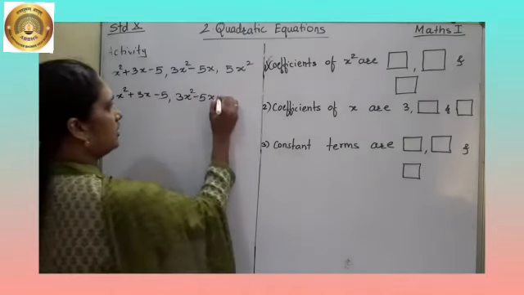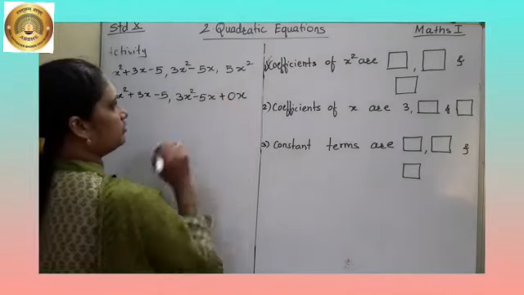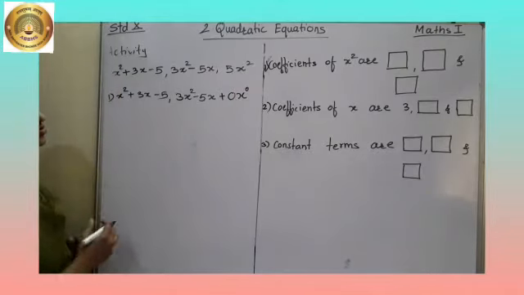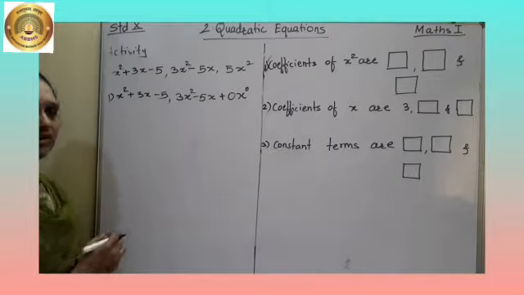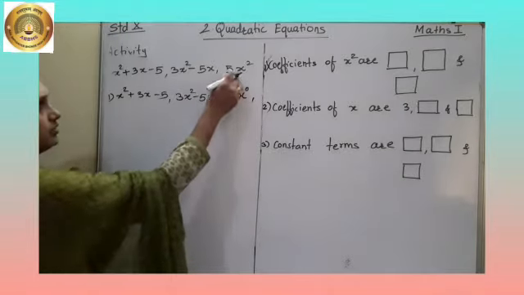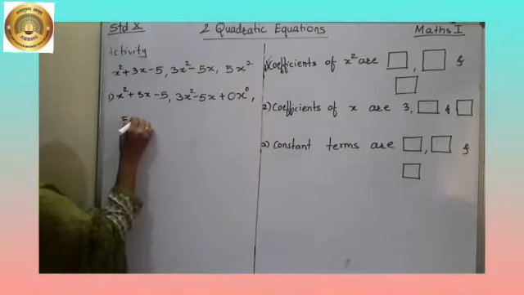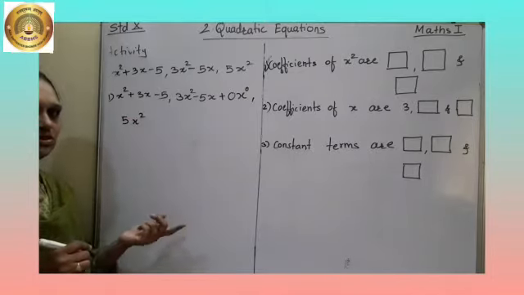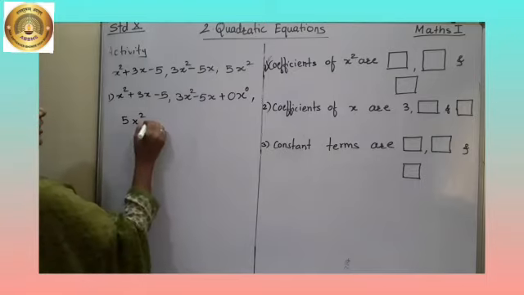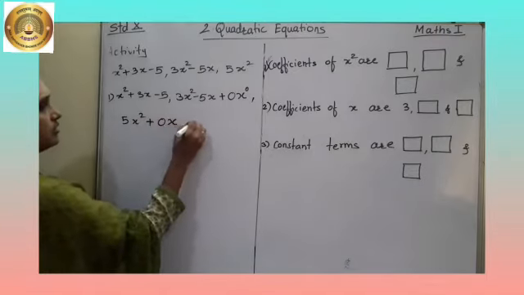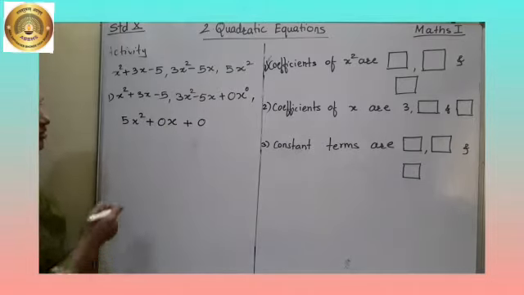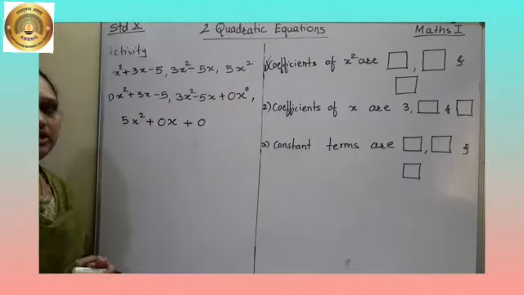So we'll arrange that with the help of 0. So this will be 0, x raised to 0 you can write, or you can write only 0. Next is 5x square, raised to 2 term is given, raised to 1 and raised to 0 terms are not given. So we'll write it as 0x plus 0. You can write x raised to 0 also. So now this is the index form.